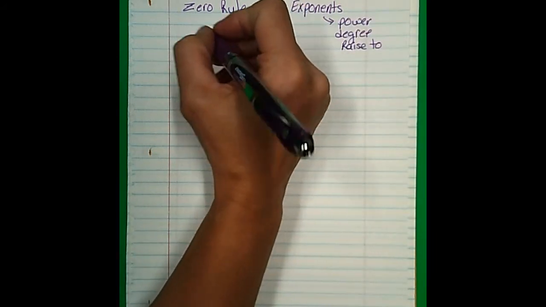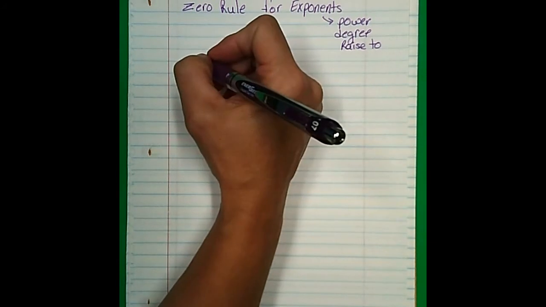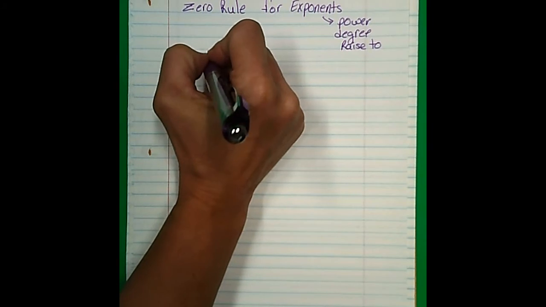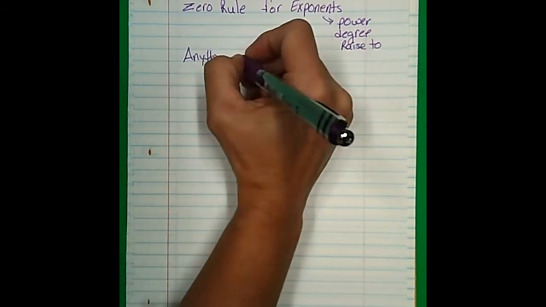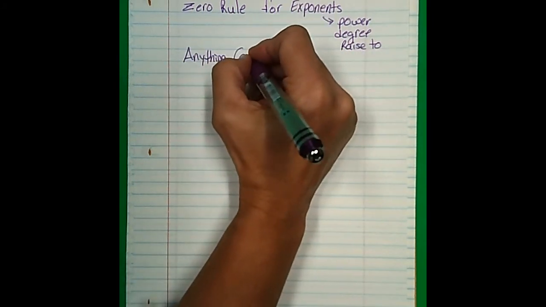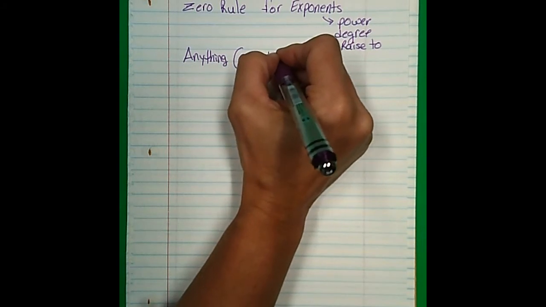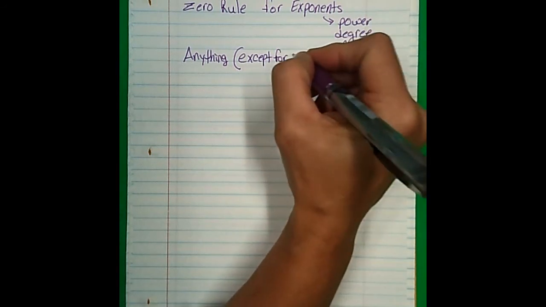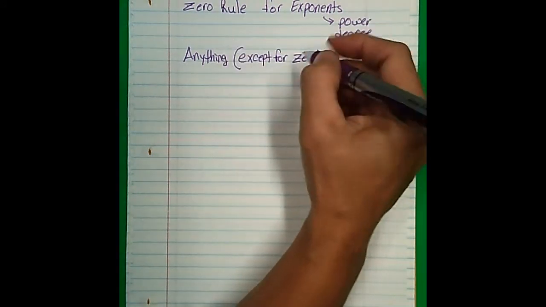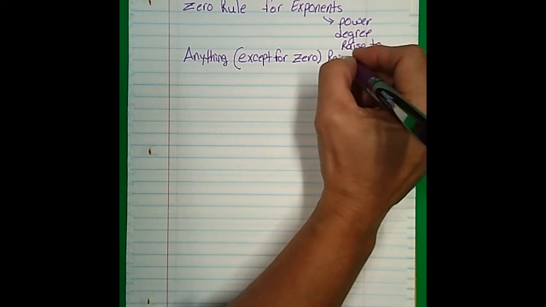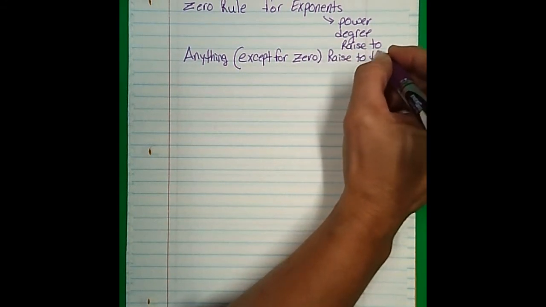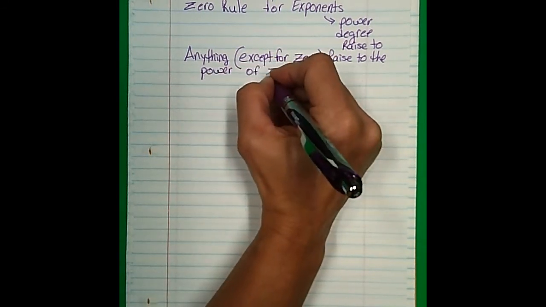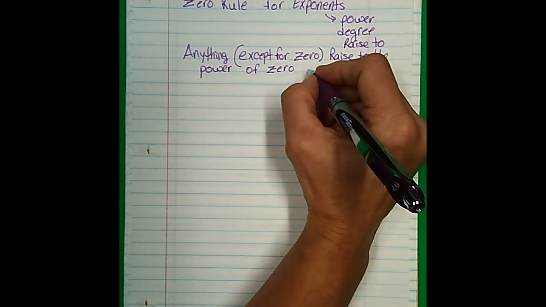So the rule about zeros is anything, and then I'm going to put parentheses, I'm going to say except for 0. Okay? So this is excluding 0. Anything raised to the power of 0 is 1.